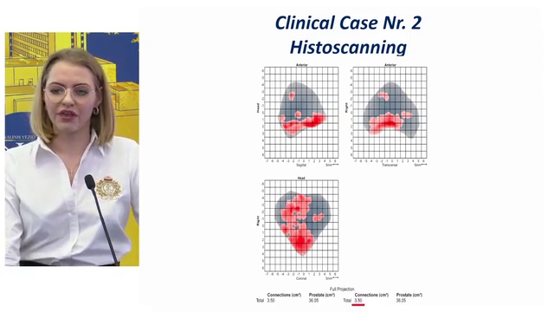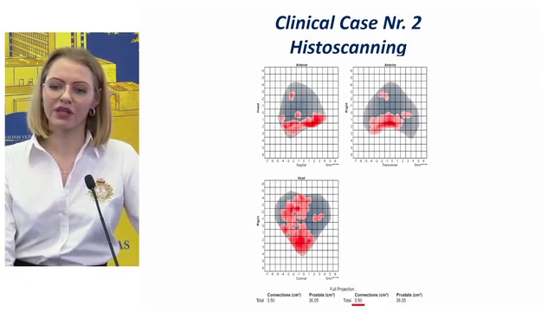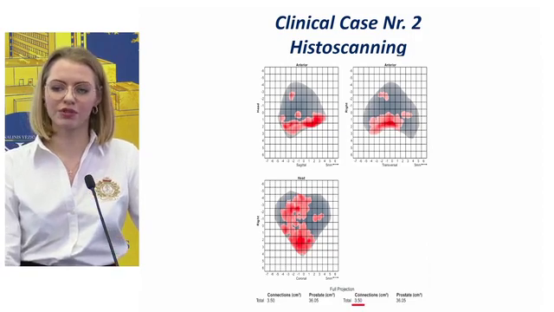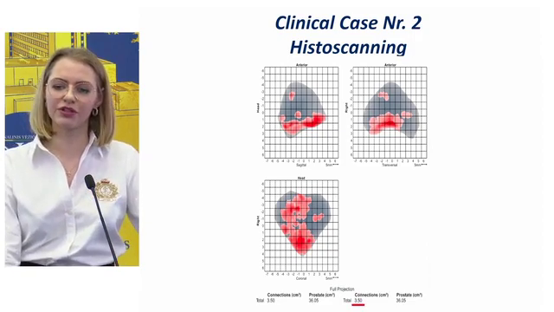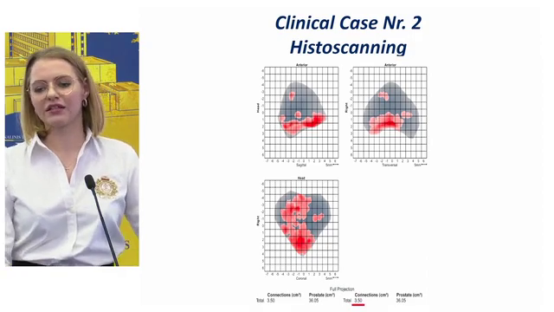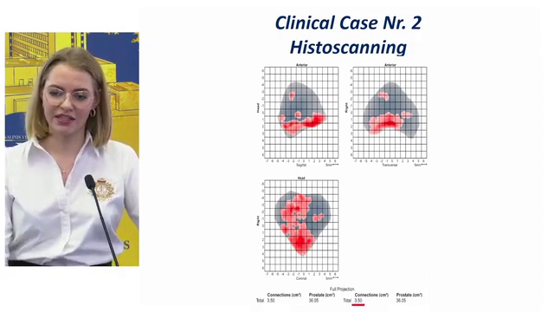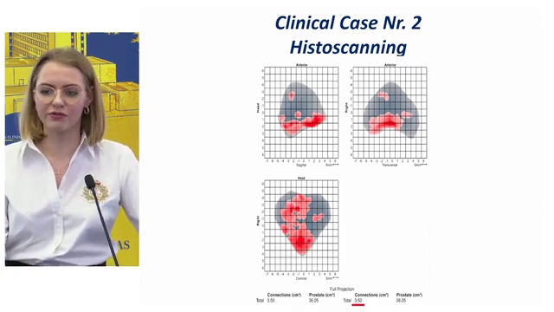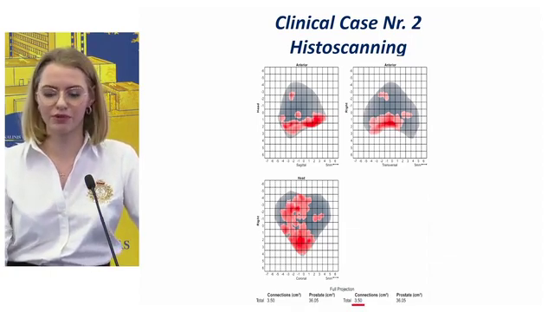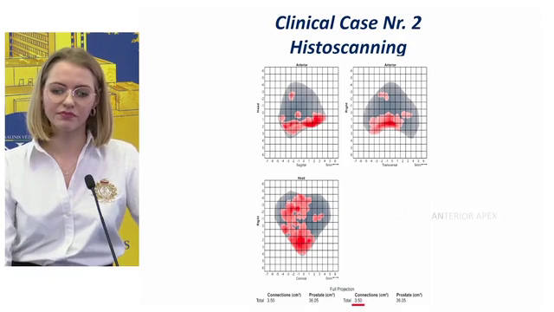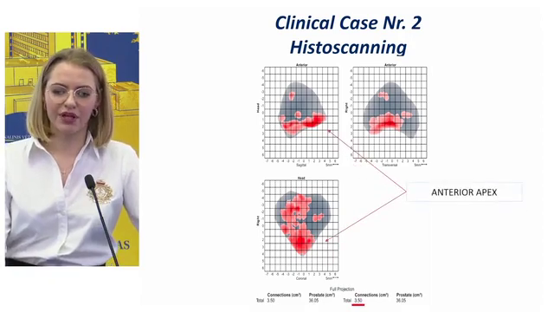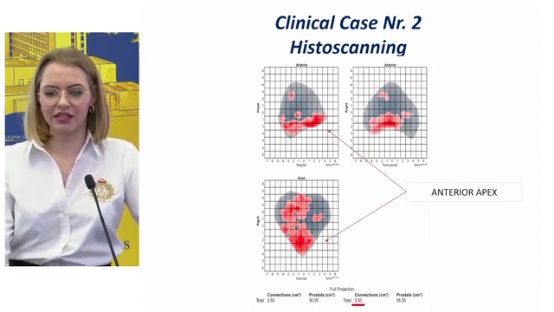We see the image. The lesion was bigger than 0.5 centimeters. Theoretically, if it's more than 0.5 centimeters, the probability of finding malignancy should go up to 90%. So here is the suspected lesion.